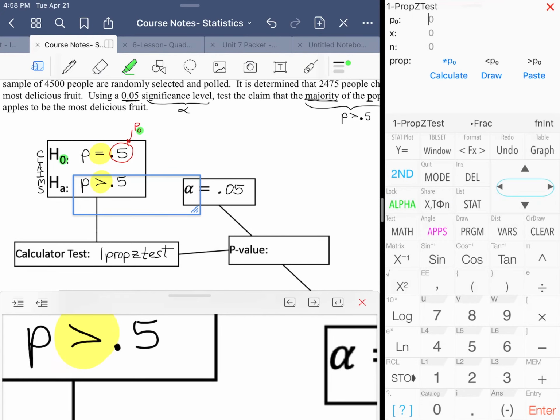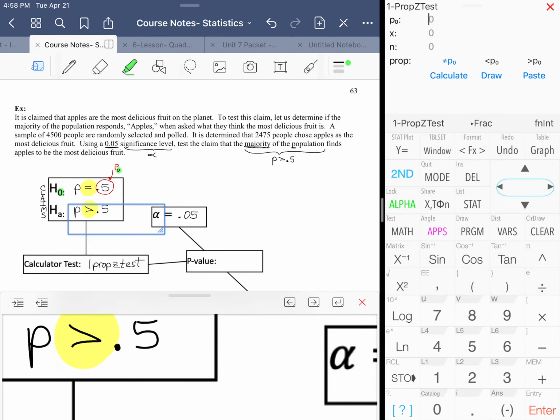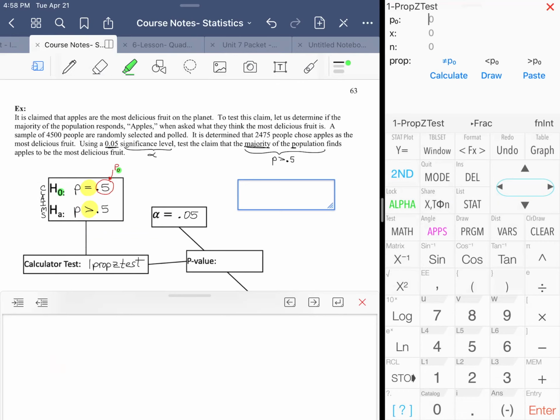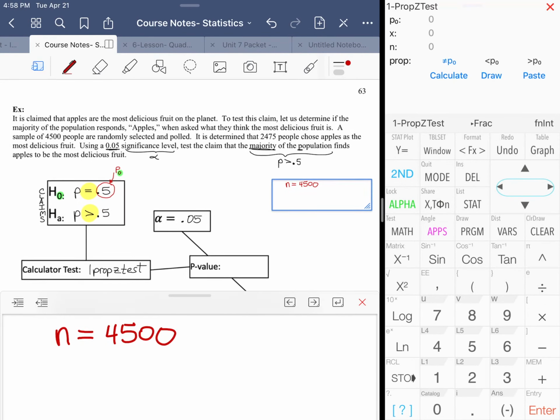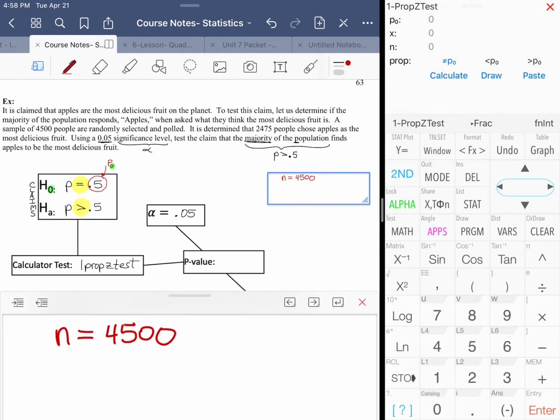initially. Now, we collected some information to see if that is in fact true or false, so that's where we're going. Now they told us that we had a sample of 4,500 people, so N is 4,500 people. The number of successes is 2,475.